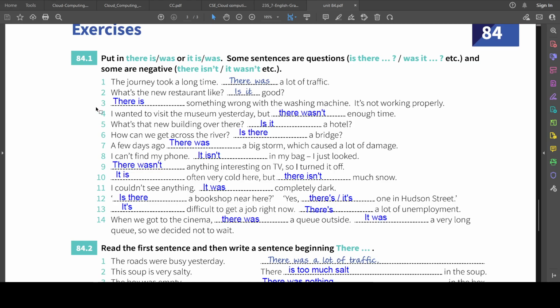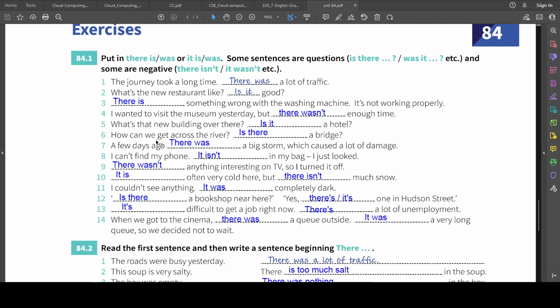The fourth one. I wanted to visit the museum yesterday, but there wasn't enough time. Check it out. We're talking about that there didn't exist enough time, you know.